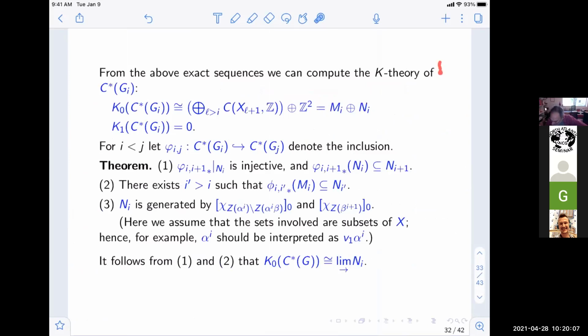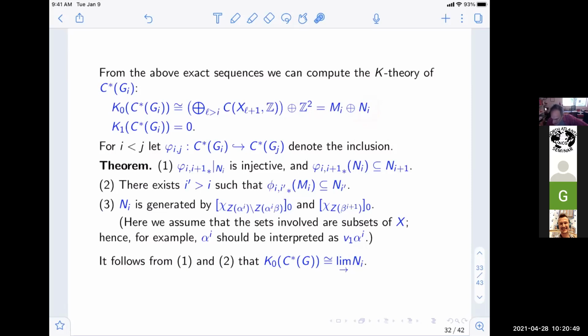Let me just mention, continuing on with the K-theory of C-star of the G_i, these building blocks. The K1 group is trivial, and the K0 group is really a direct sum of two pieces. On the one hand, there's Z squared, which is coming from that quotient that we had before, and the F_i and the U_i give us this direct sum of continuous functions from Cantor sets into the integers. That's the K0 group for the type 1 AF algebra that I talked about before. Now, it turns out the important part is the Z squared part, the N_i.